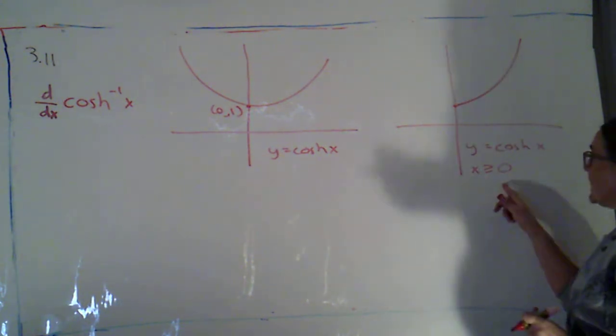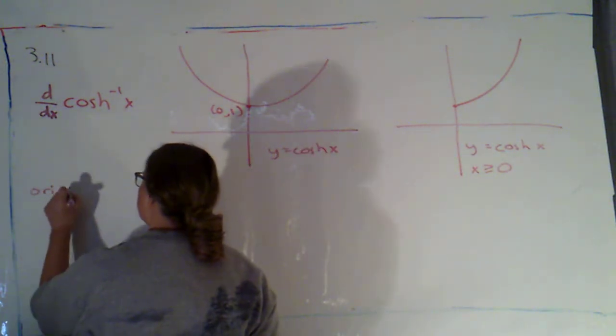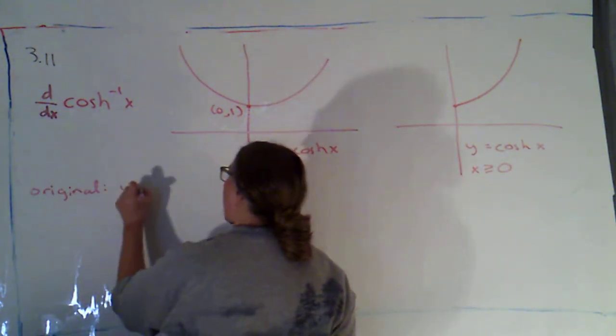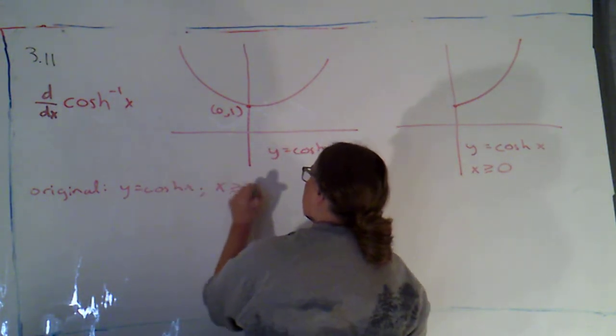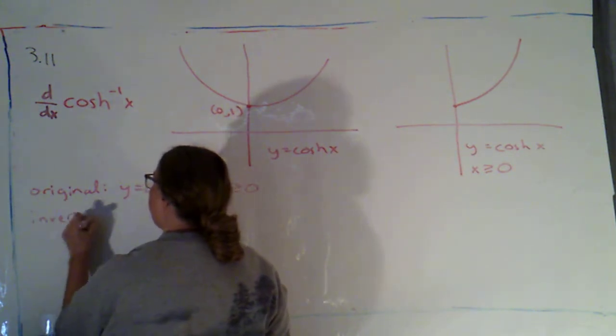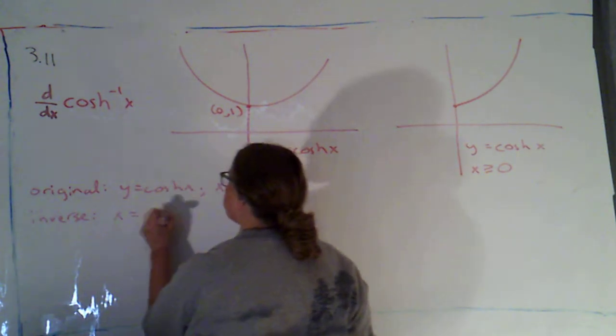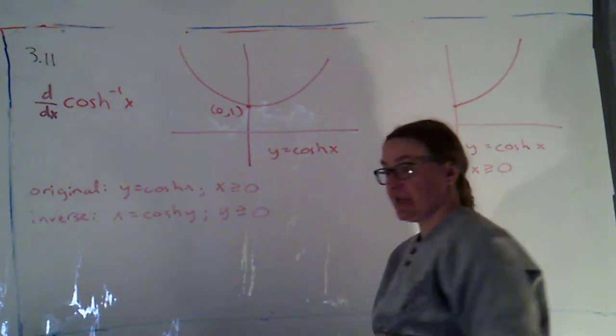So the original function that we're starting with is y equals cosh of x, x bigger than or equal to 0. So the inverse function will be x equals cosh of y, where y is bigger than or equal to 0.